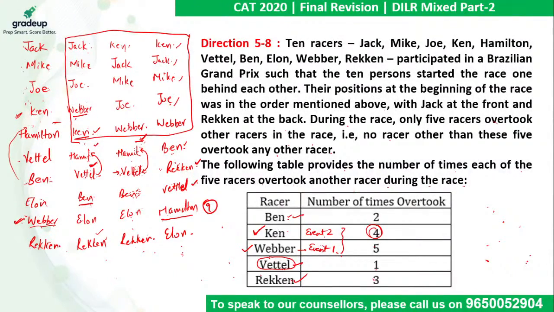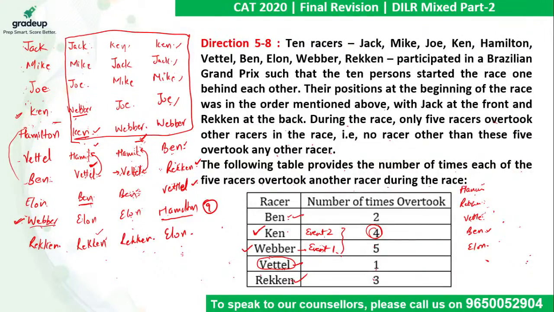So if Reckon will move 3 steps ahead, so Hamilton will be there, then it will be Reckon, then it will be Vettel, then it will be Ben, then it will be Eon. All right. So now when Ben will move 2 steps ahead of him, the position of Hamilton will remain same, and when Vettel will also move, still the position of Hamilton will remain same.